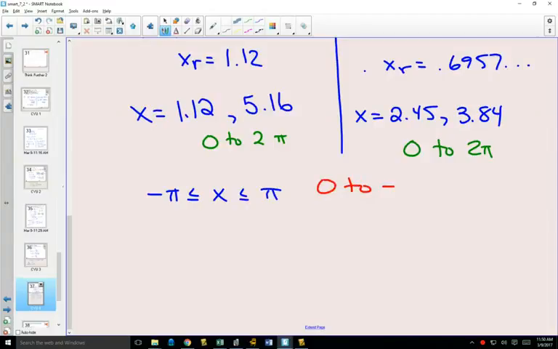That means from 0 to negative pi in the negative direction, 0 to pi in the positive direction. Does it make sense that 0 to negative pi is looking for all answers in quadrant 3 and quadrant 4? And 0 to pi is all answers in quadrant 1 and quadrant 2.